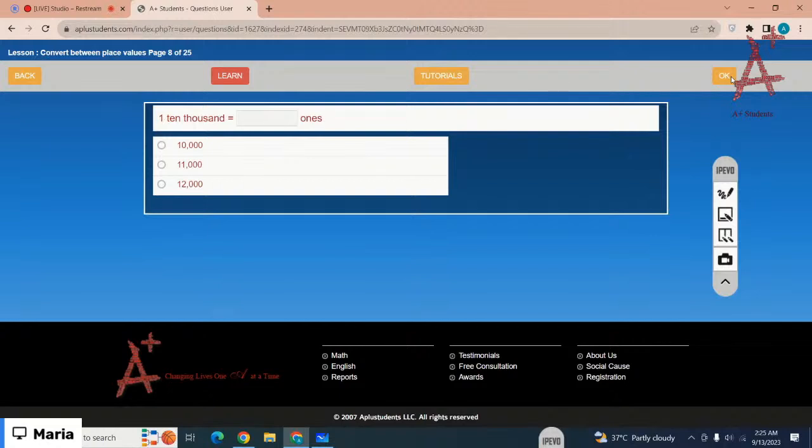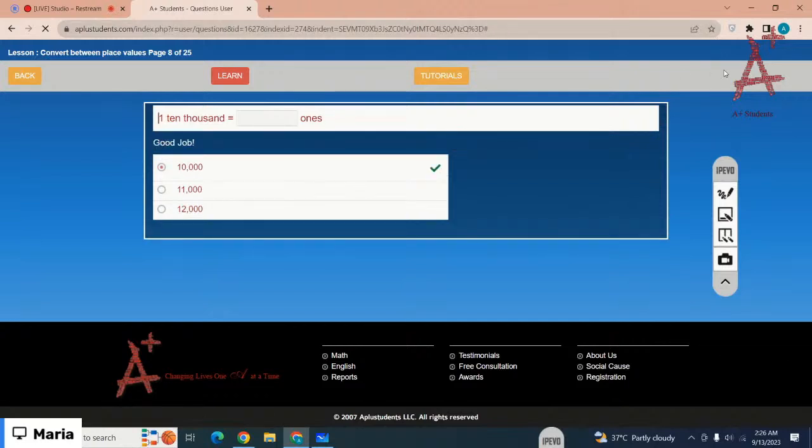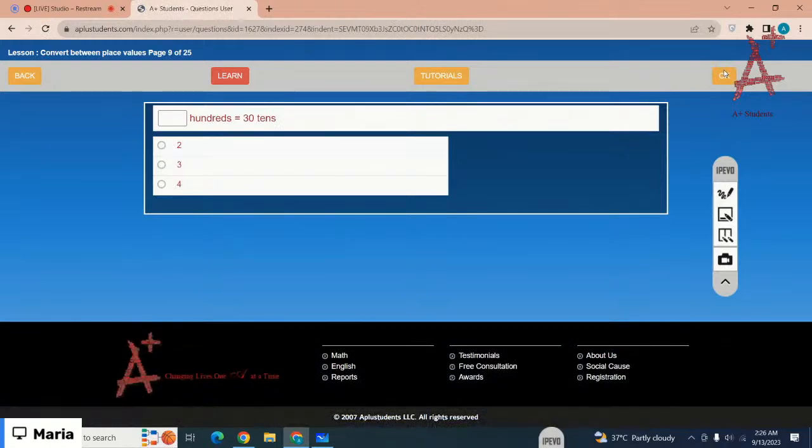1 10,000 equal how many ones? Yes, option number 1 is the correct option, 10,000. 30 tens equal how many hundreds?